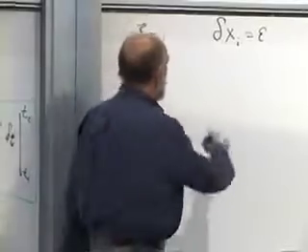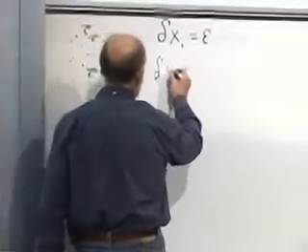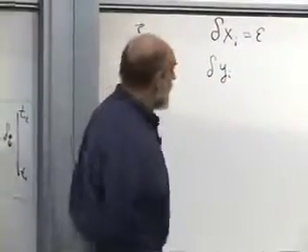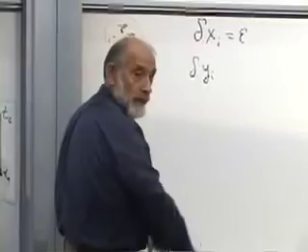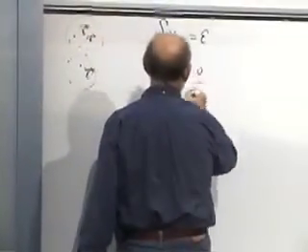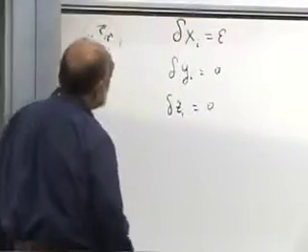All right? For this particular symmetry, what about delta y sub I? Zero. Of course, we may also have a symmetry for moving along the y-axis, but it would be a different symmetry. So for this symmetry, it's zero. Delta z sub I also equal to zero.